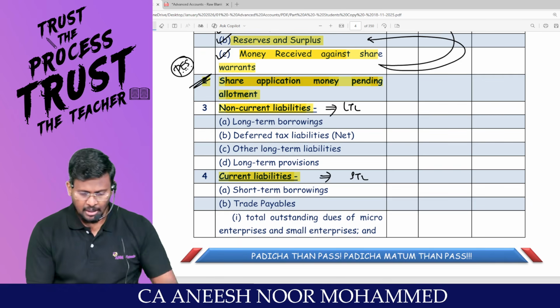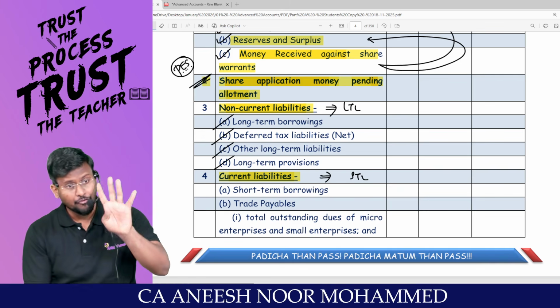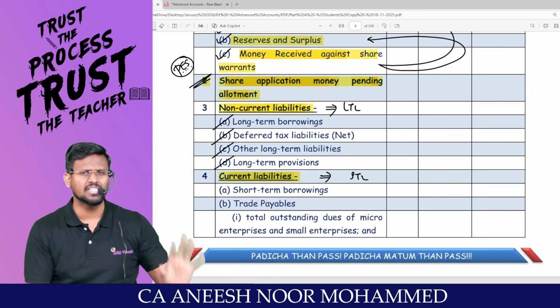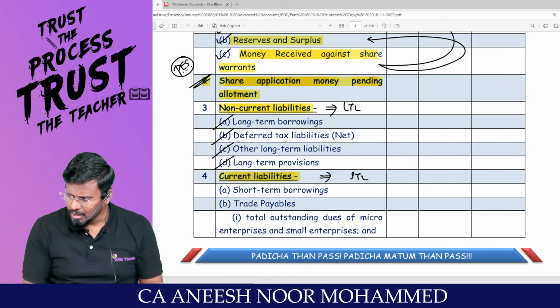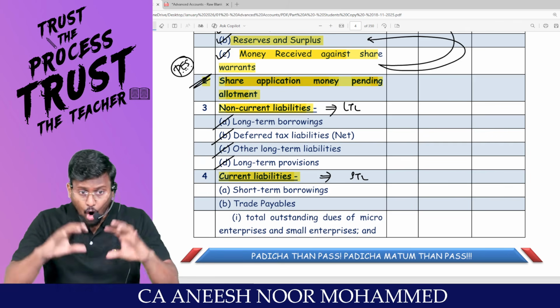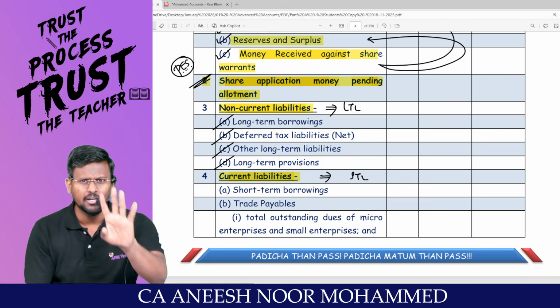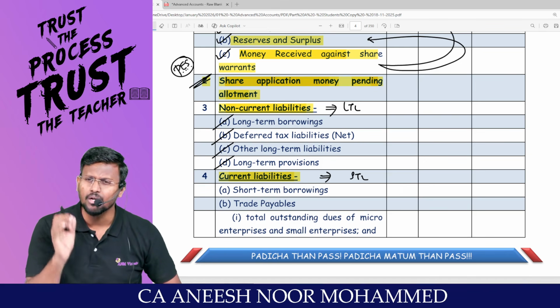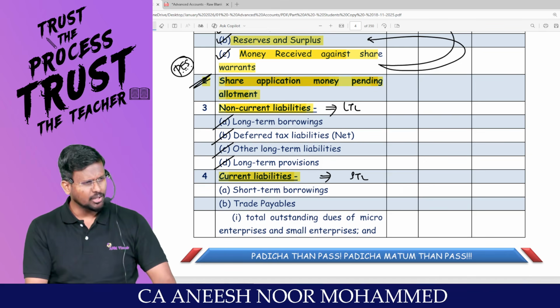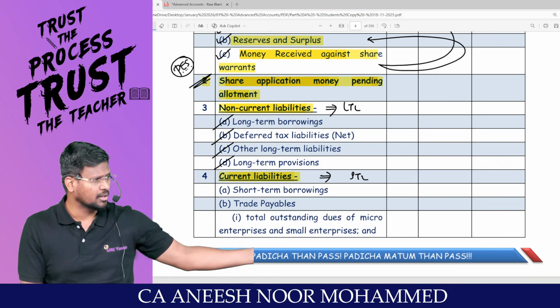Alright, sir? A, B, C, D. There are four categories of long-term liabilities for the company. The Companies Act says that when you are presenting the balance sheet, all the long-term liabilities should be bifurcated into four categories. Number 1, long-term borrowings. That means the company borrowing from an outsider.